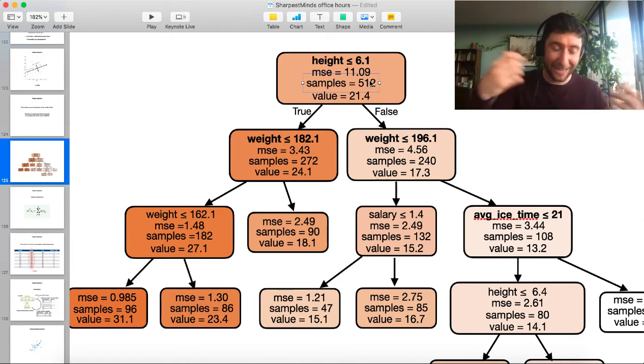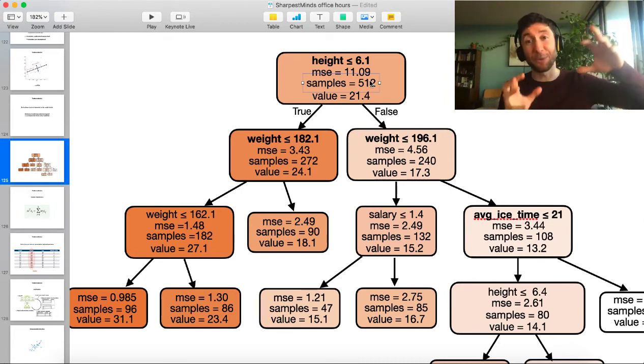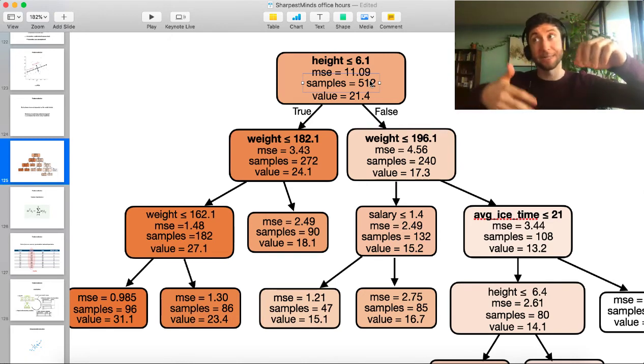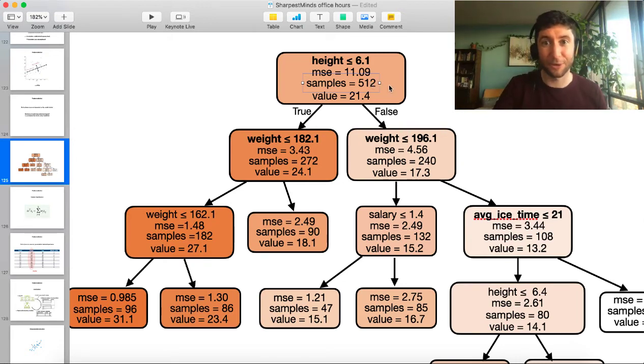It ends up being 511 different ways of splitting up a single column, and then you have 10 columns, so it's 10 times 511, over 5,000 different trial and error runs for your 512 hockey players, in order to figure out which one minimizes the weighted average mean squared error of the next layer in the decision tree. And once you've found it, boom, that becomes the question that you ask.